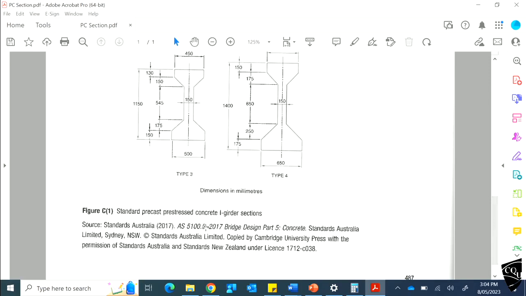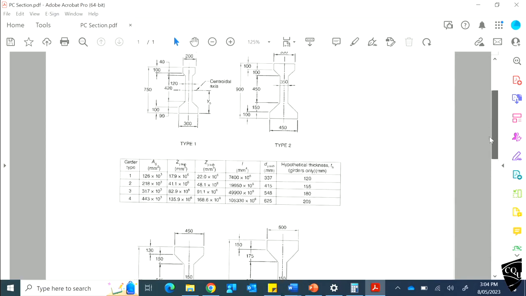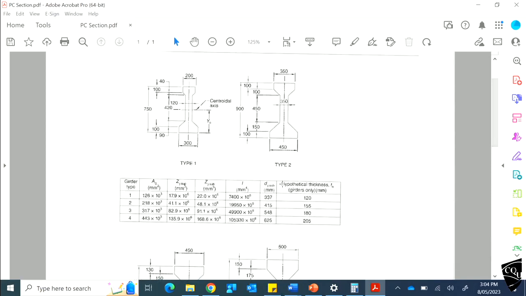Okay, so these are the standard sections. Here they gave the set T and set B. The first one is set T, they call it superstructure. Super means top and the other one is sub, meaning bottom. The first one is the top one and the second one is the bottom one.